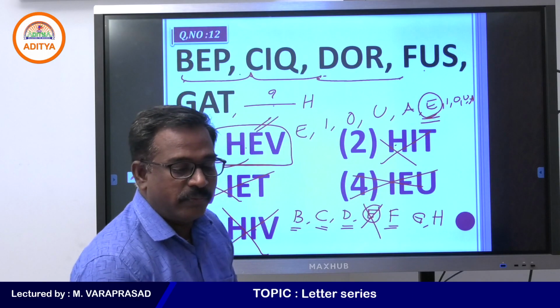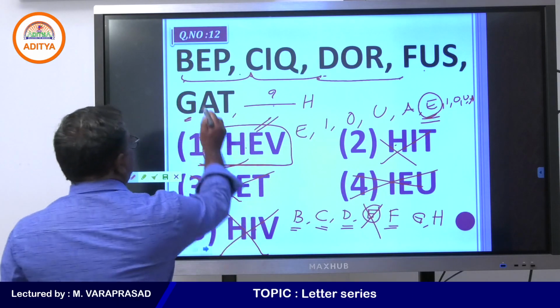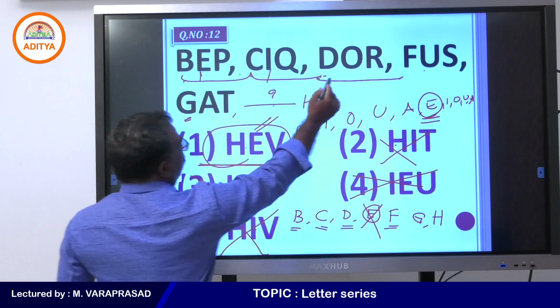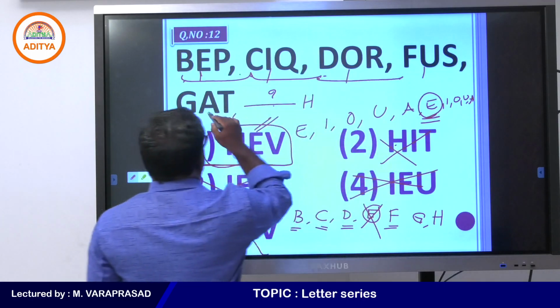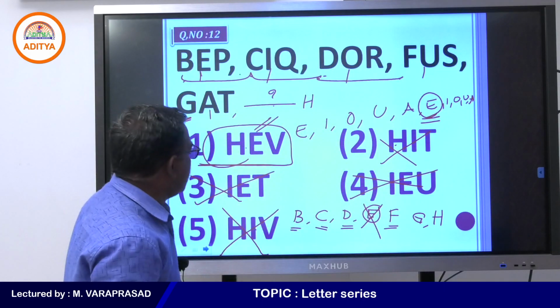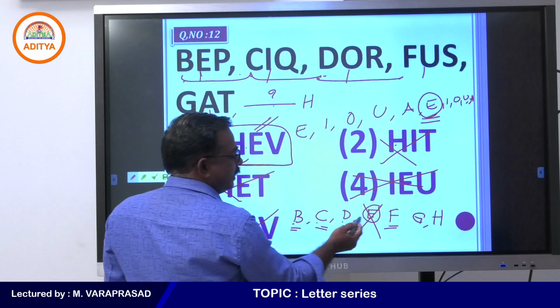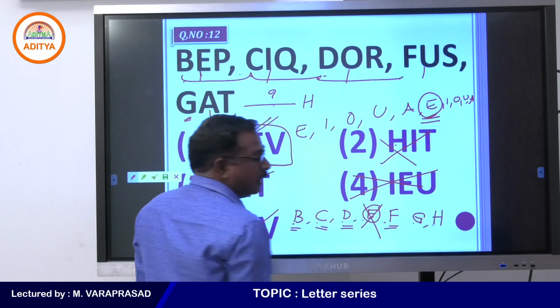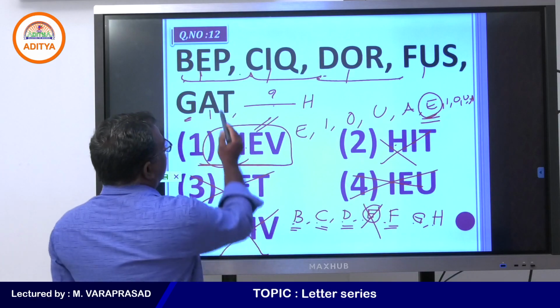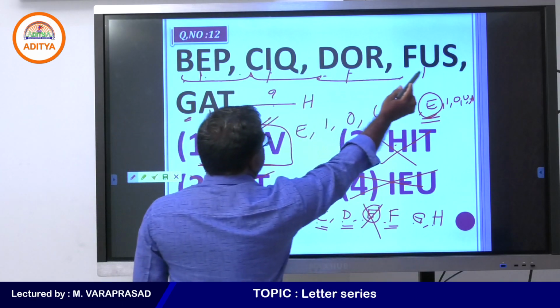Vowels we are writing in the middle. The answer cannot start from I because in B, C, D, E, F, G, H, I, vowels are written in the middle of the series.